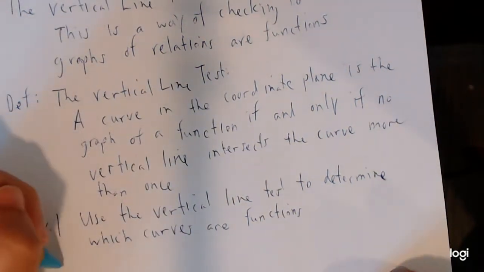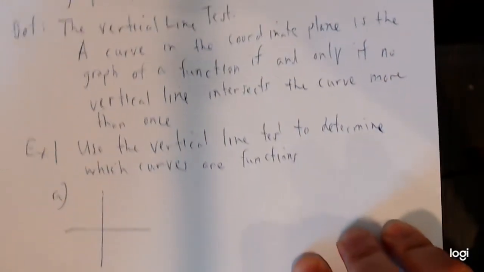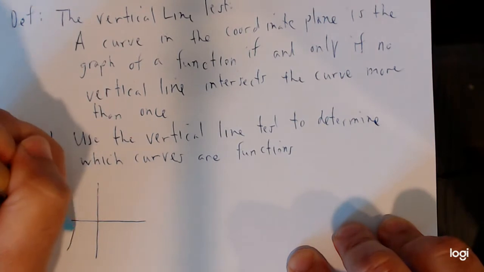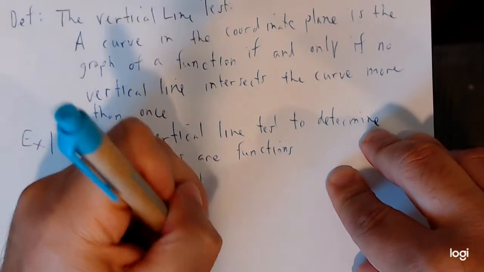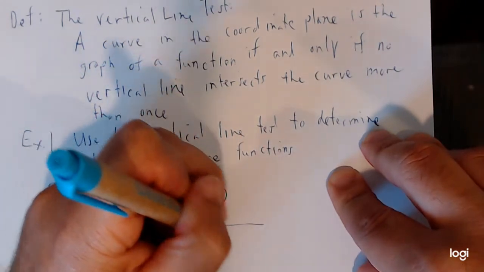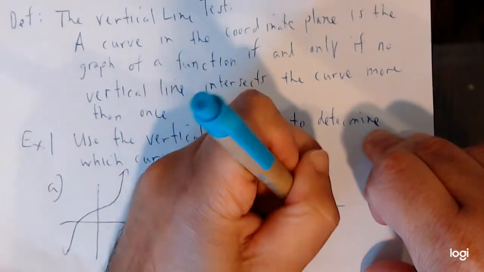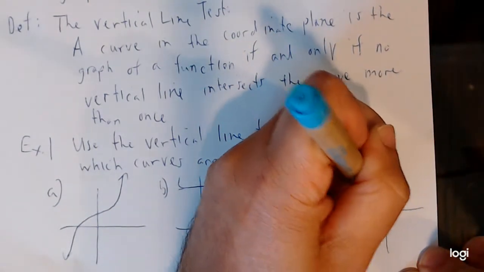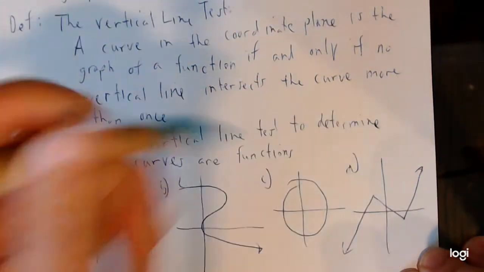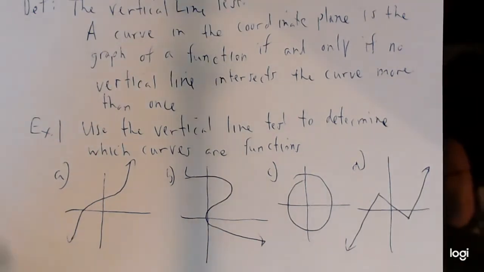Okay, so let's look at a bunch of these graphs. Okay, so here are the 4 graphs. So let's take a look at this and see which ones of these represent the graphs of functions.